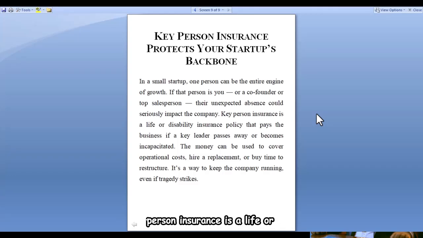Key person insurance is a life or disability insurance policy that pays the business if a key leader passes away or becomes incapacitated. The money can be used to cover operational costs, hire a replacement, or buy time to restructure. It's a way to keep the company running even if tragedy strikes.